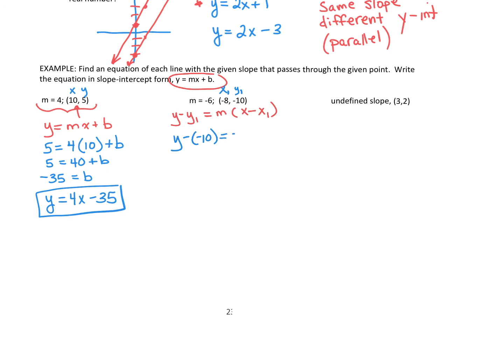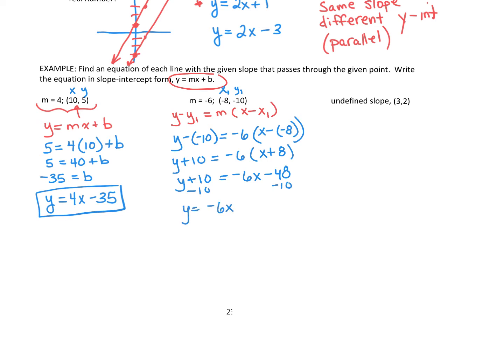In for my slope, negative 6. And in for my x1, negative 8. So I get y plus 10 equals negative 6 times x plus 8. I'll distribute that negative 6. 6 times 8 is 48, and then I'm just going to subtract 10. y equals negative 6x minus 58.